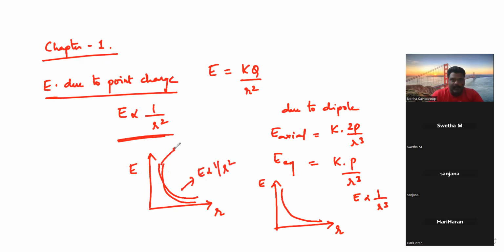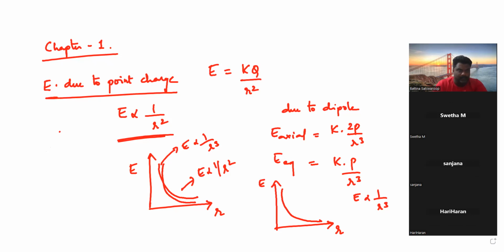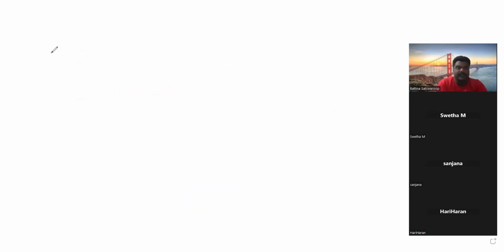The other one is E proportional to 1 by r cube. If you want, we can use two different colors. Clear? Can I move to the next one? Yes, sir. Anjana, you were there when I discussed the template? Yes, sir. Very nice.